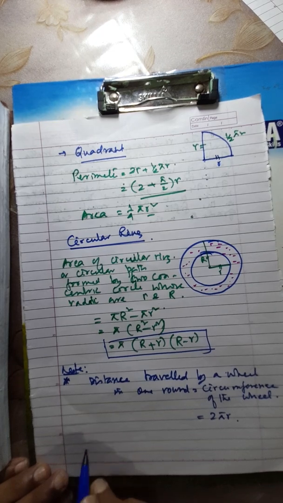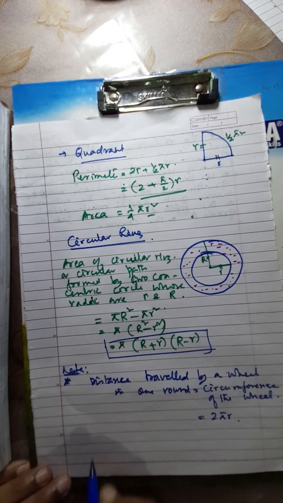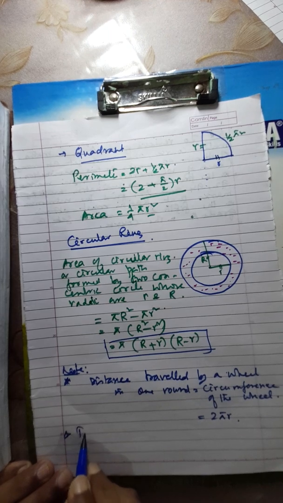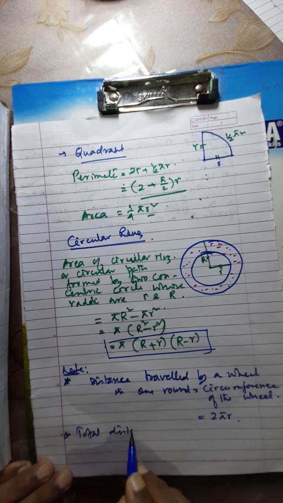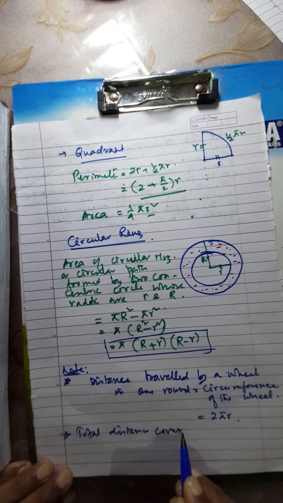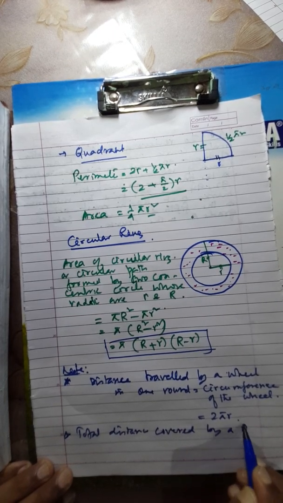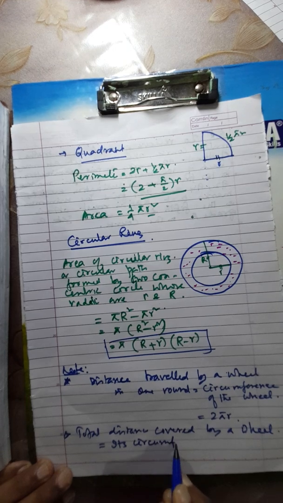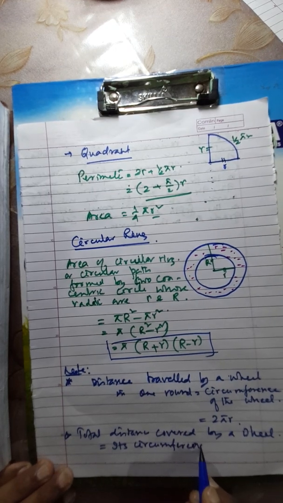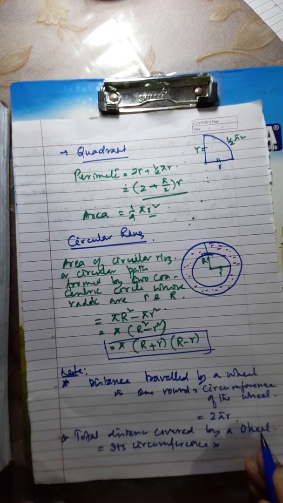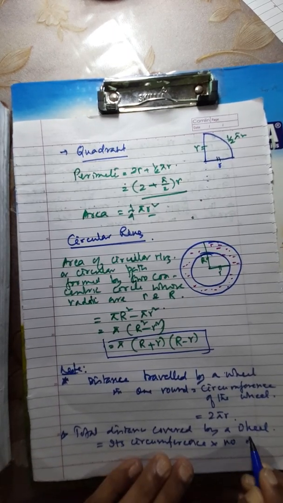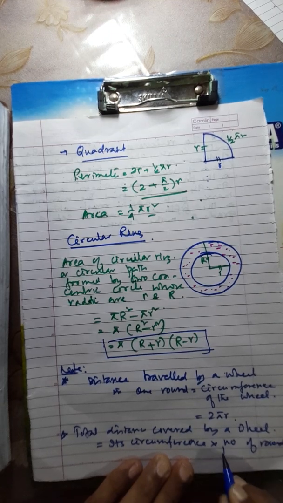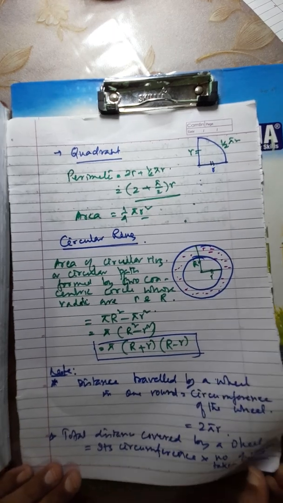Okay. Total distance covered by a wheel is equal to its circumference into the number of rounds taken by it.